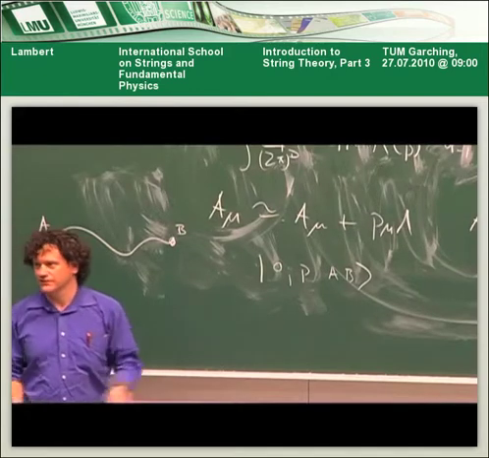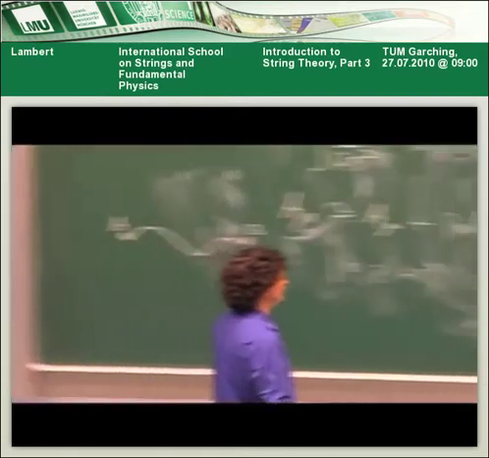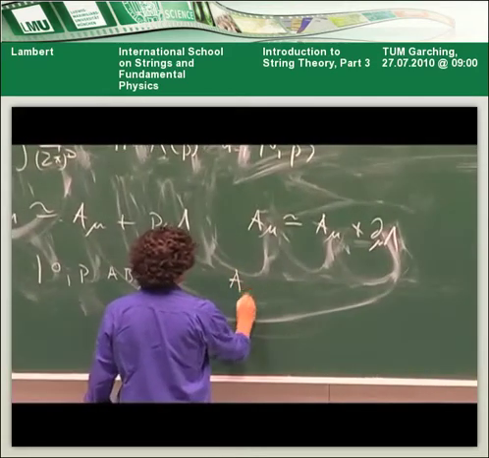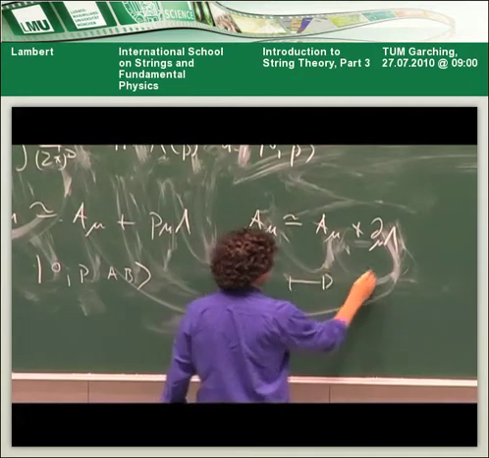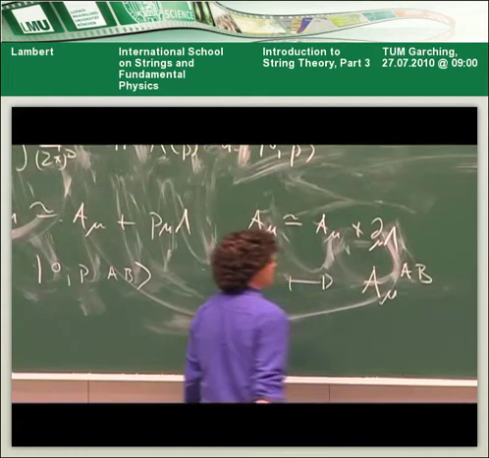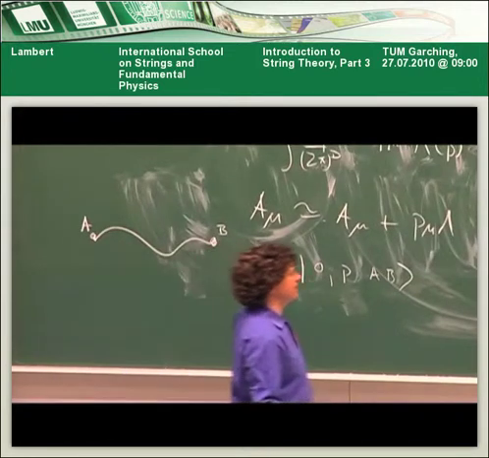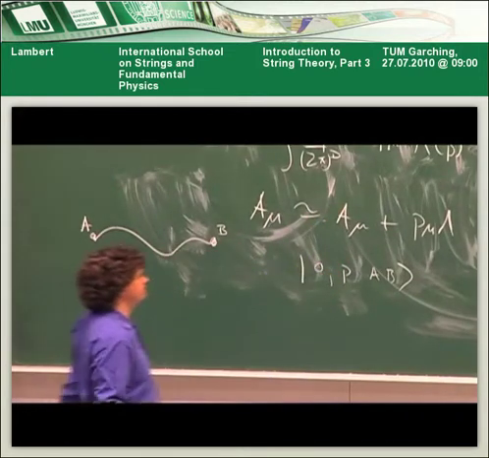It's all consistent, so there's only one thing it's going to be at lowest order in derivatives, and that is Yang-Mills. So this does give you Yang-Mills theory. A mu will get promoted to A mu AB, and that's viewed as a matrix, and indeed you find Yang-Mills gauge theory coming out from open strings.